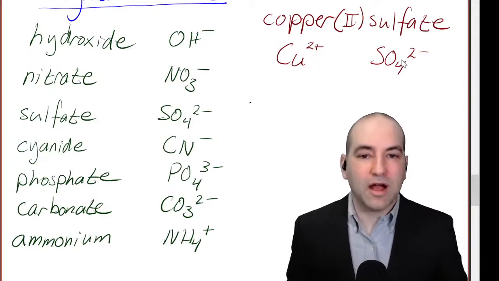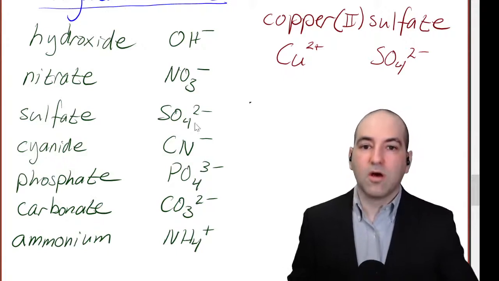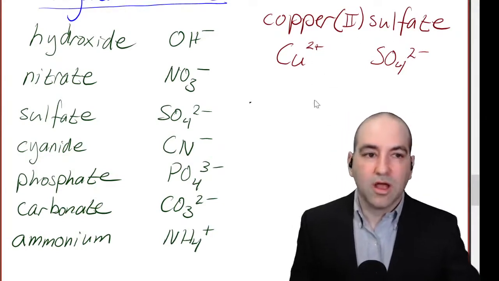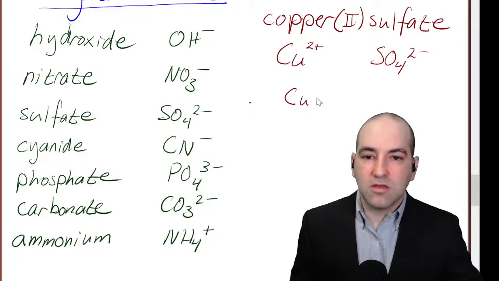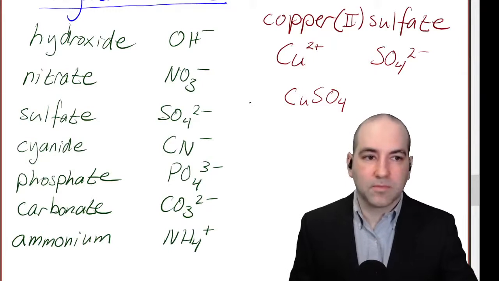And that becomes your ion that you're now trying to balance for the formula. So Cu 2+, SO4 2-, that's a 1-to-1 balance because we've got +2 and -2. So our formula is CuSO4. And that's it. That's the formula.